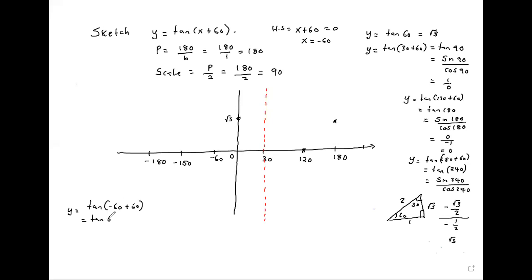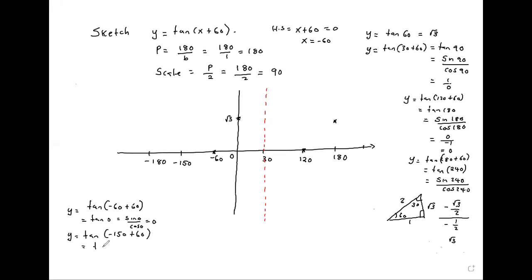Tan 0 is sine 0 over cos 0, which is equal to 0 because cos 0 is 1 and sine 0 is 0. So we have a 0 at that point. Y is equal to tan(-150 plus 60).